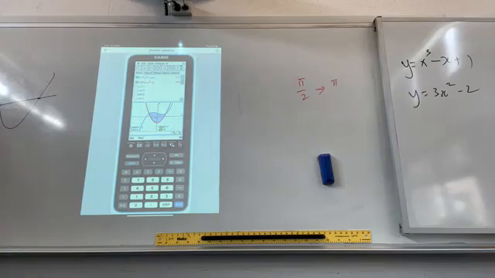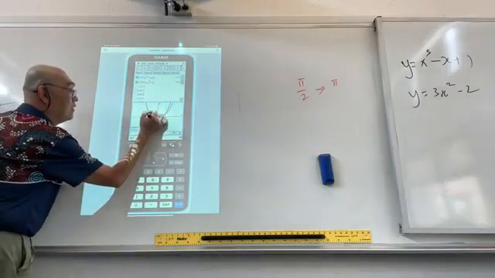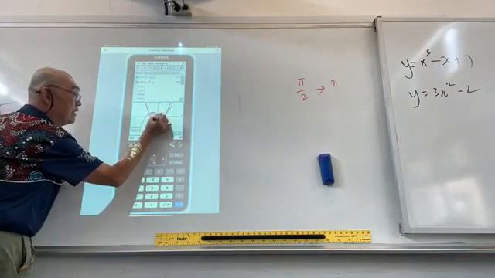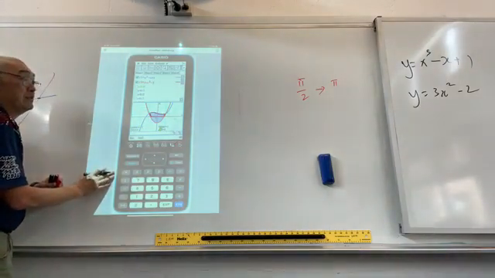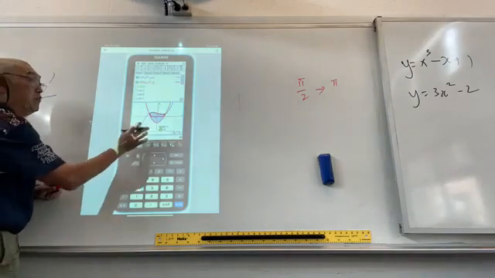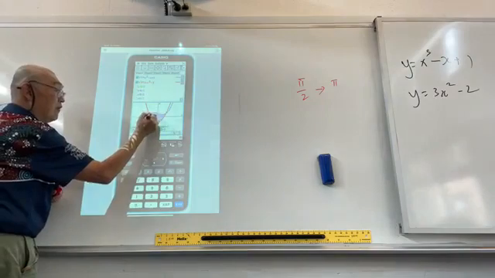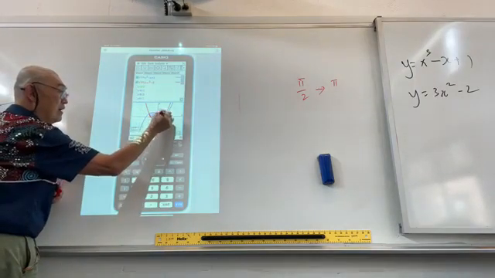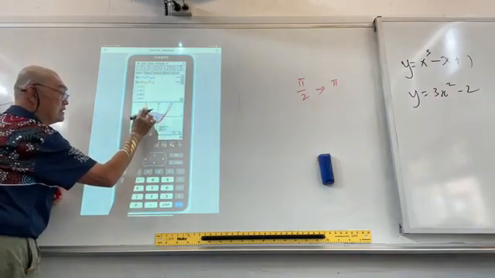Okay, if you want to do it as a signed area, what you need to do is first do your definite integral for this, which is the top area, the blue area. And then you do your definite integral for this one. You must realize that this is a bit complicated.